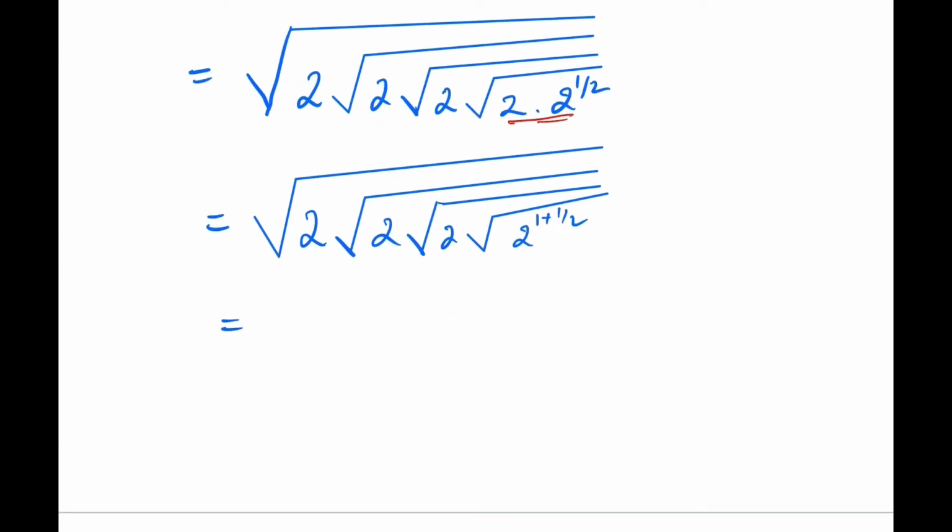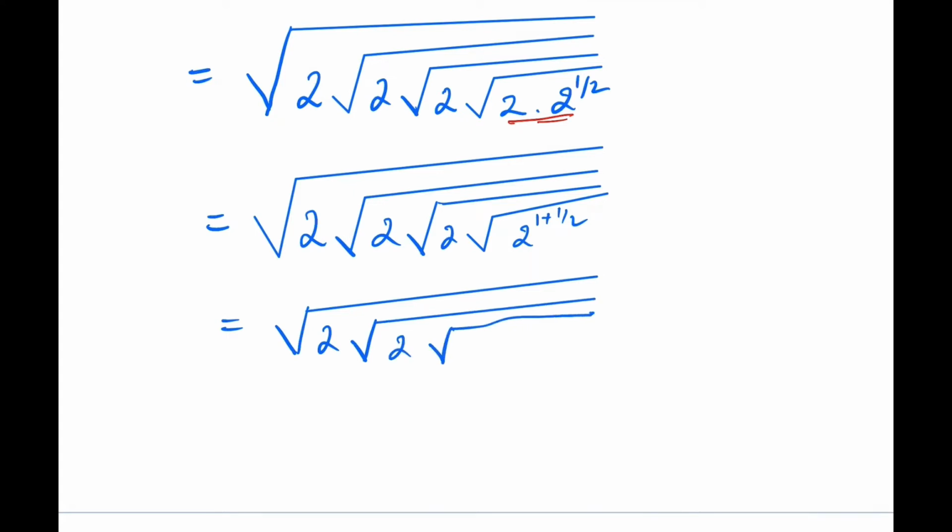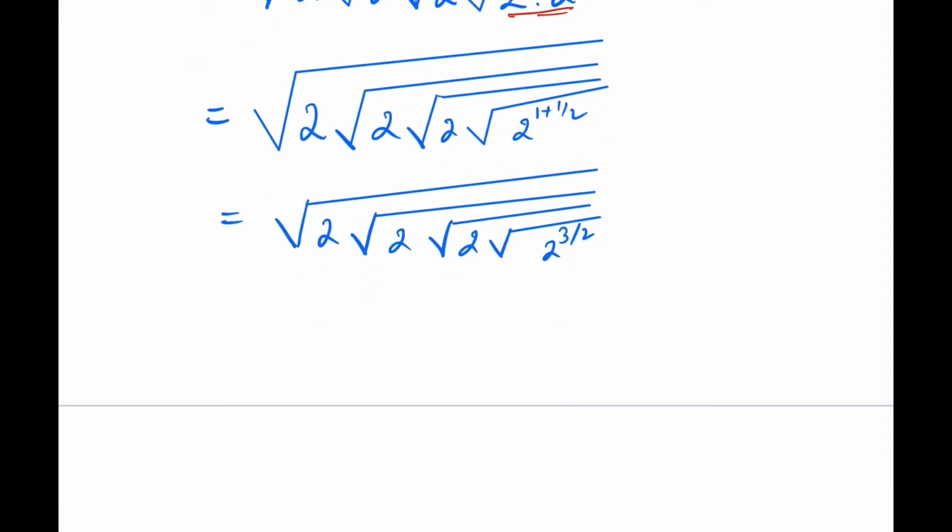So this is equal to square root of 2 into square root of 2 into square root of 2 into square root of 2 raised to the power 3 by 2.